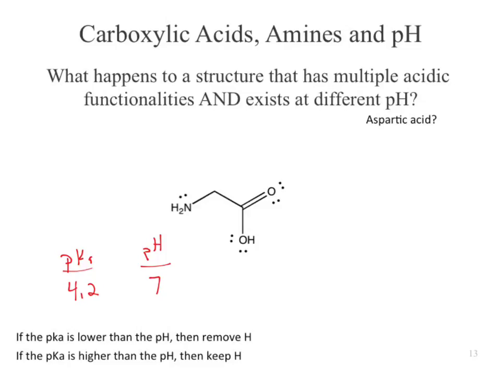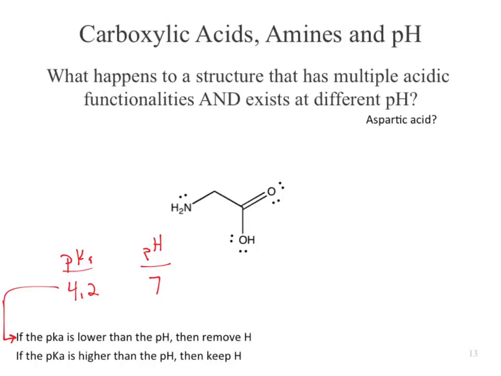Which one are we looking at? I need your help. It's higher. No, it's the other way. Our pKa is in a more acidic environment than the pH, which means we need to remove the hydrogen.